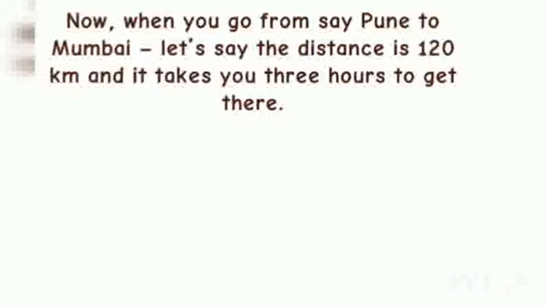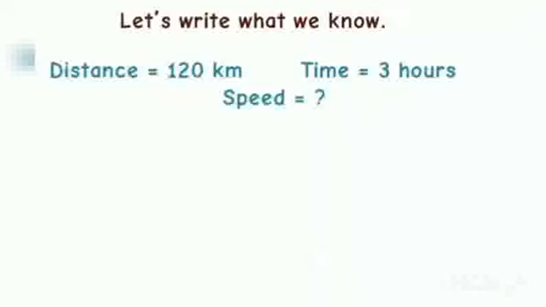Now, when you go from Pune to Mumbai, let's say the distance is 120 km and it takes you 3 hours to get there. So what is its speed? Let's write what we know. Distance 120, time 3 hours, speed need to find out.